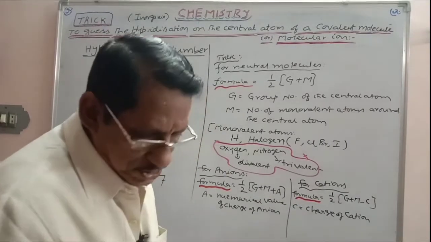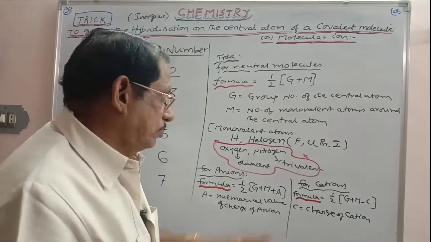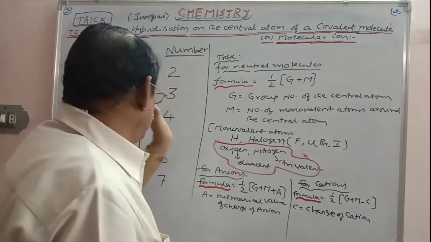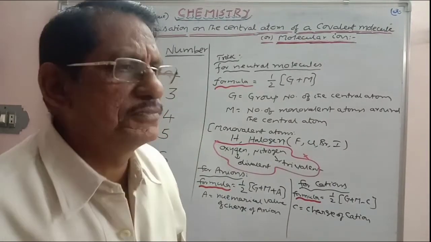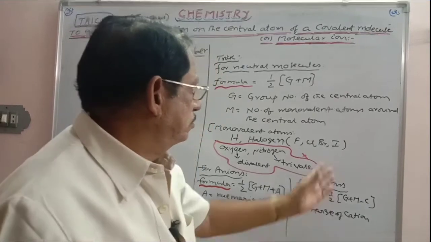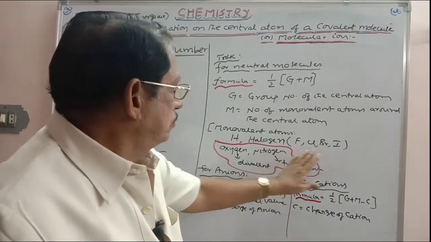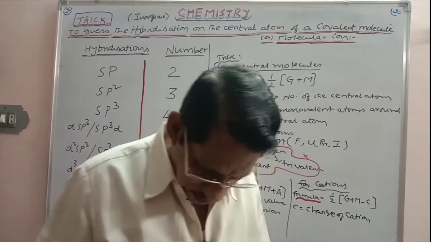number relating to hybridization. If you are able to calculate the number, now we can very easily guess the hybridization. So first note it. Later we will consider the examples.